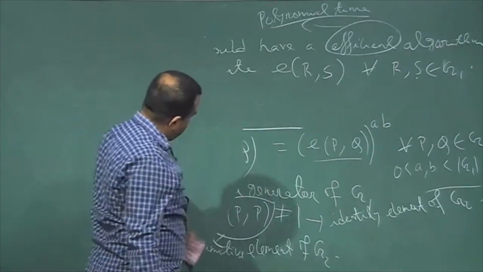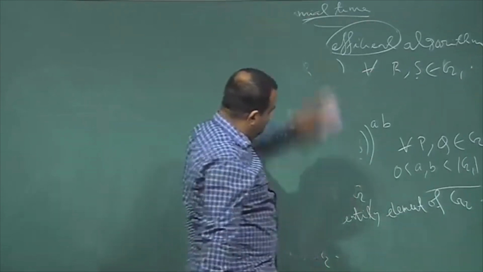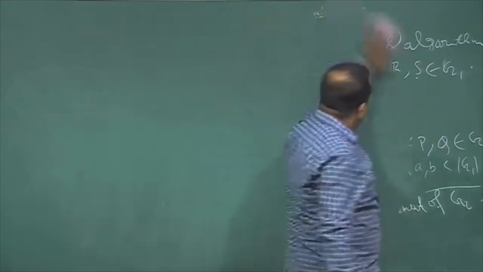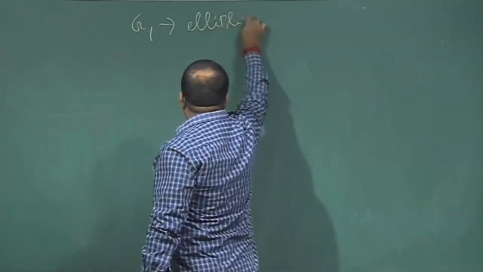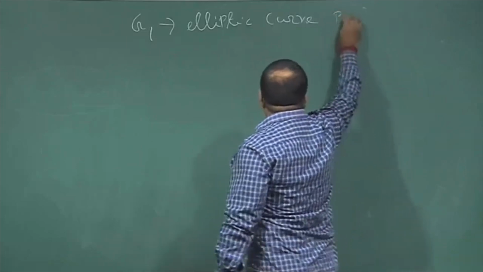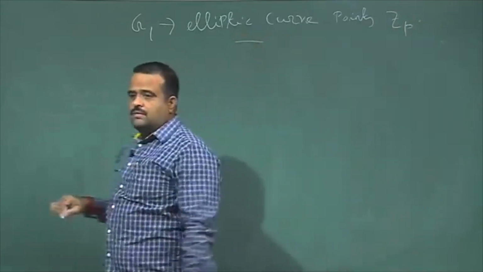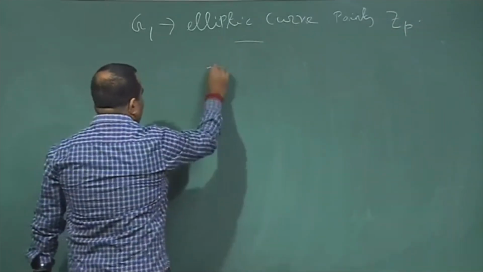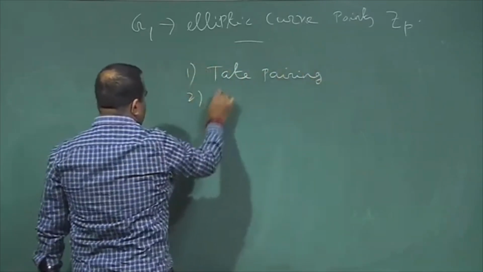There are two examples of pairing in the literature, the Tate pairing and the Weil pairing. For these pairings, G1 is a group of elliptic curve points, say over Z_p or so. Then one can define the Tate pairing or Weil pairing.